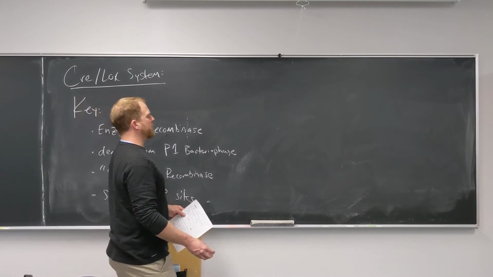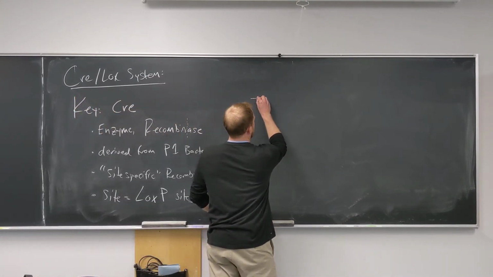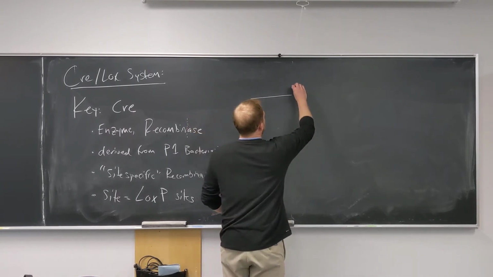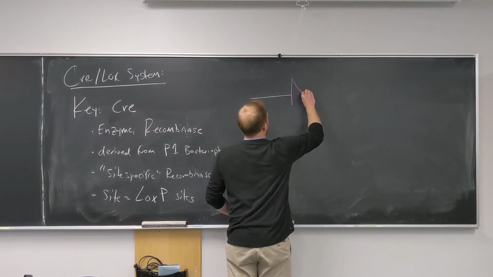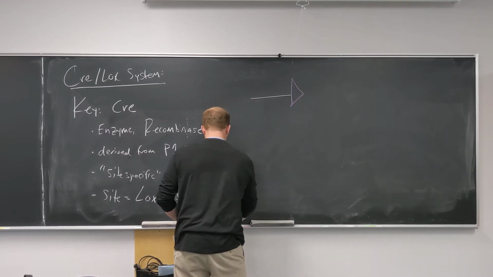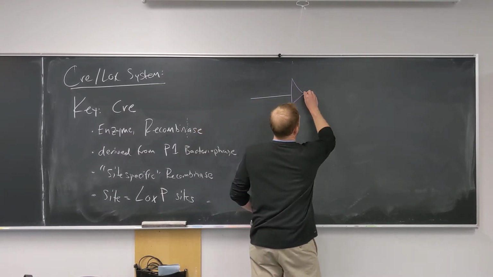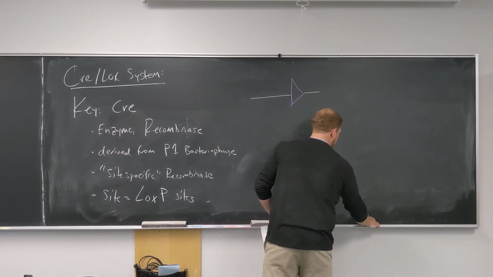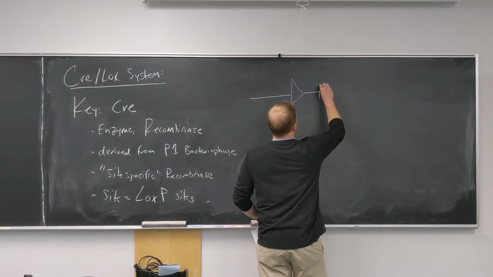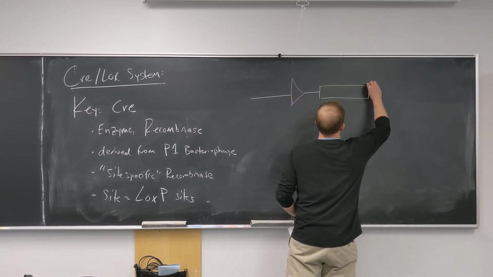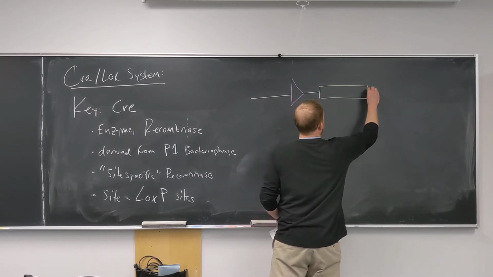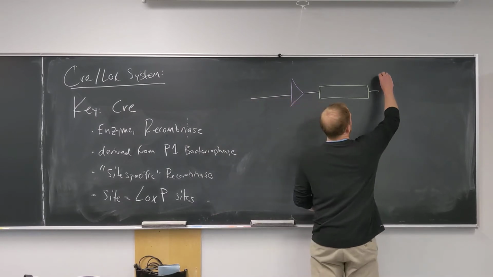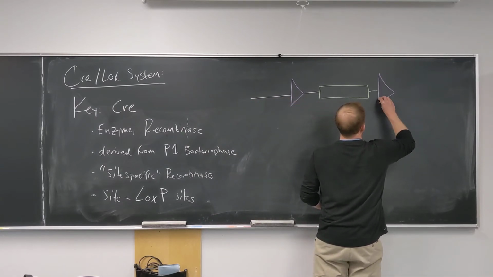So the way this works is if you've got a stretch of DNA right here, and within this you've got what are known as loxP sites. They're often diagrammed as big triangles. Let's say you've got a section of DNA in here you're trying to get rid of. These loxP sites occur in tandem, so there's always two of them.